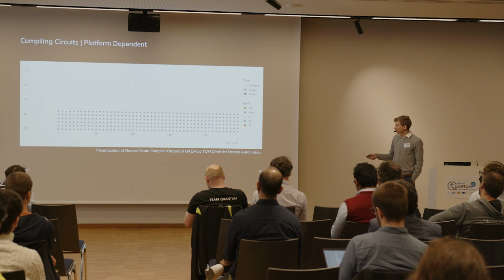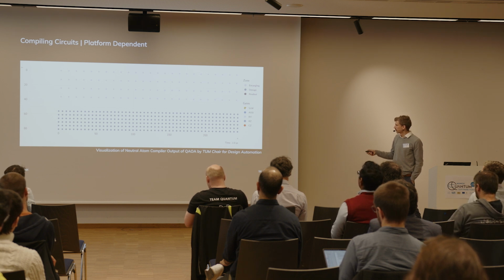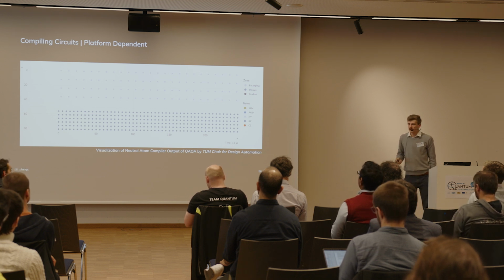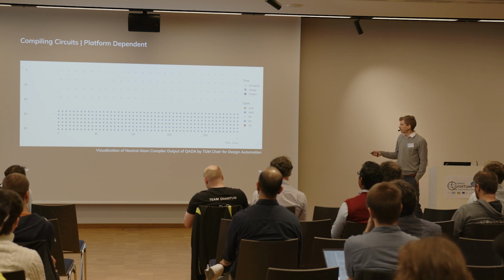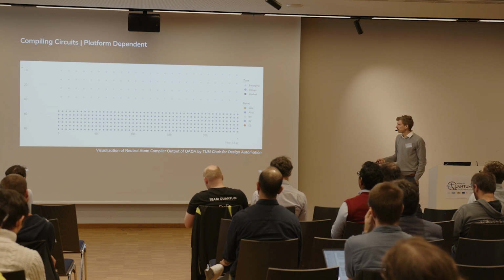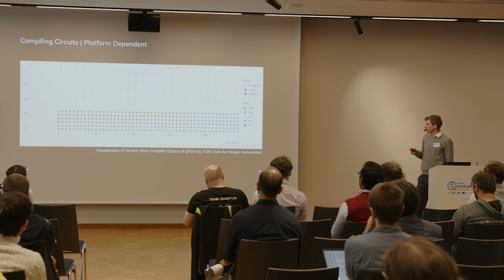What you see soon are blobs in this color, and this is where the atoms are. And if you see these colors, it means a single qubit gate, and the entanglement with this orange color will be done here. So let's get started. You see now very many single qubit gates are executed.